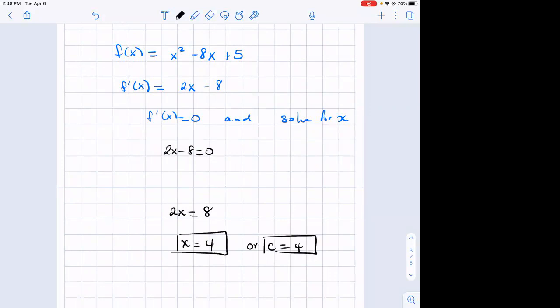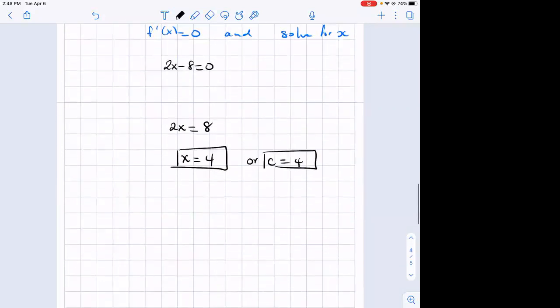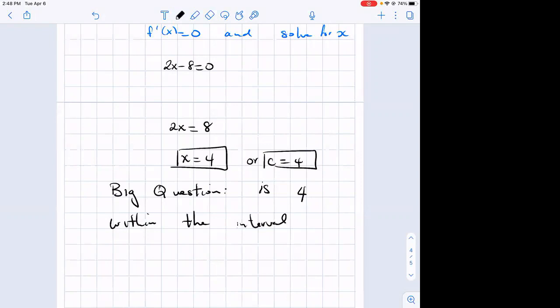Now, here's a big question, because this is always overlooked. Is 4 within the closed interval, or within, let's just say, the interval? That's a big question.